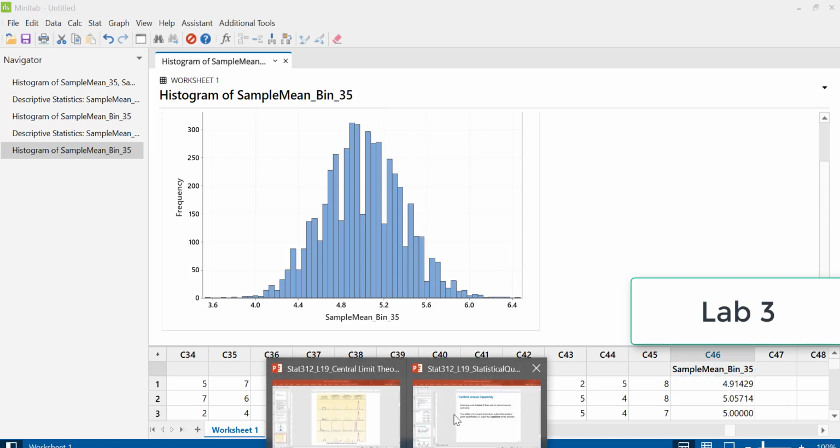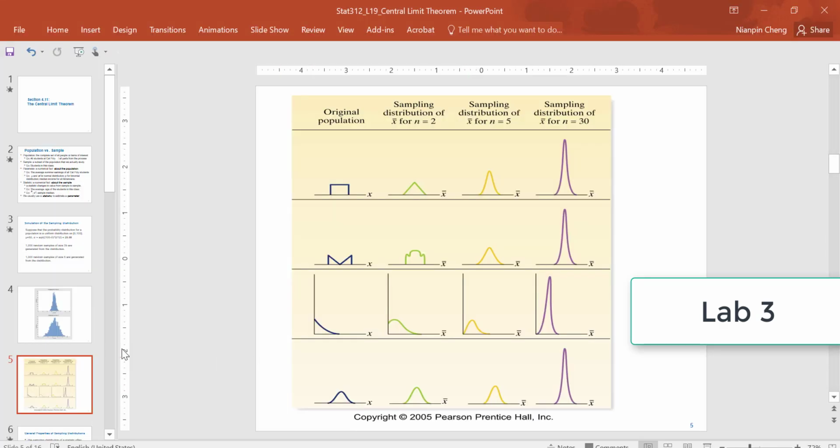So come back to the central limit theorem. It tells us, no matter what the original population distribution is, we tested the uniform distribution. It looks like this, but your sample mean distribution looks normal now. And some distributions are very weird. It has two modes, right?